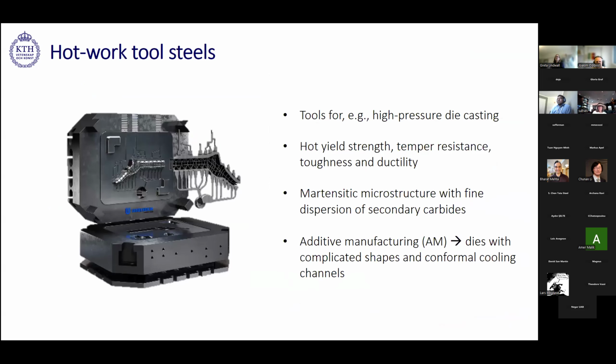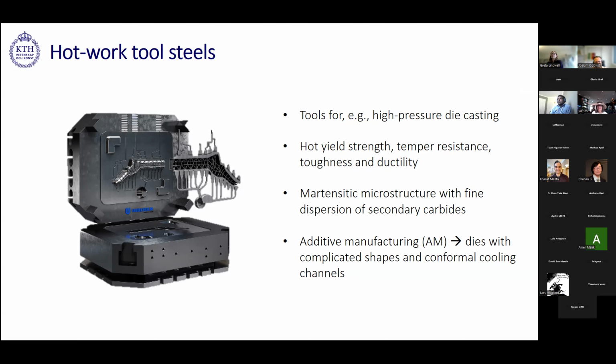Okay, so the tool steel that has been in focus is a hot work tool steel. These steels are developed for applications at high temperature. It could be, for example, high pressure die casting of aluminum. And when you have these high temperature tooling applications, you need a material with good yield strength, good toughness and ductility, and also good temper resistance.